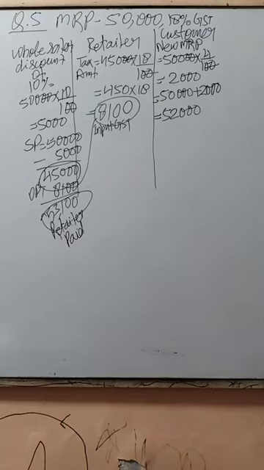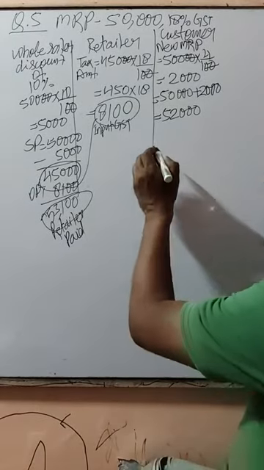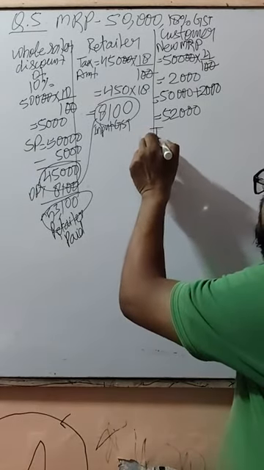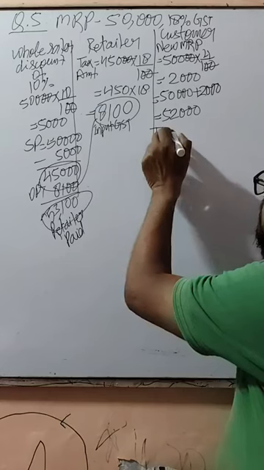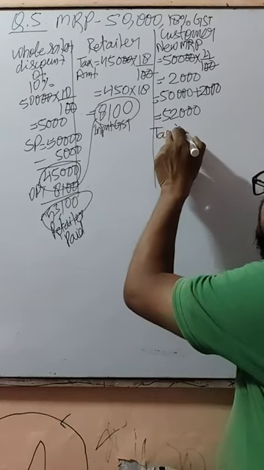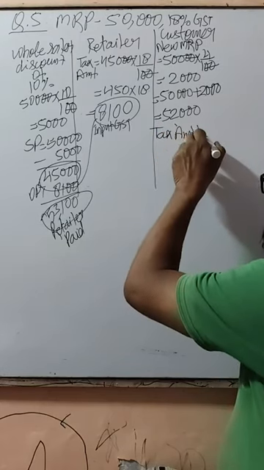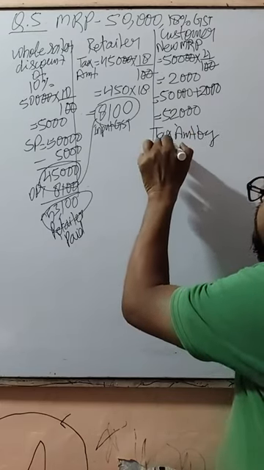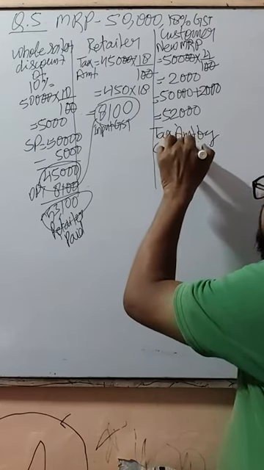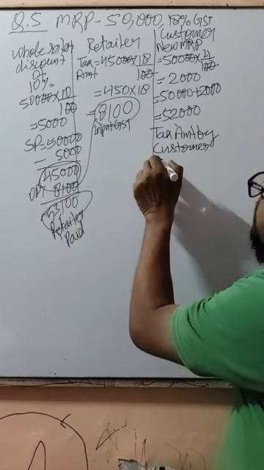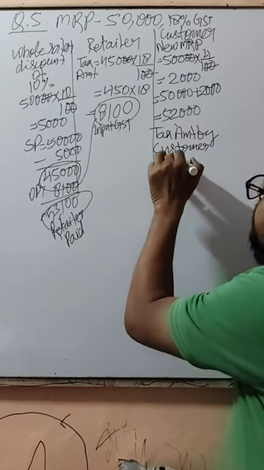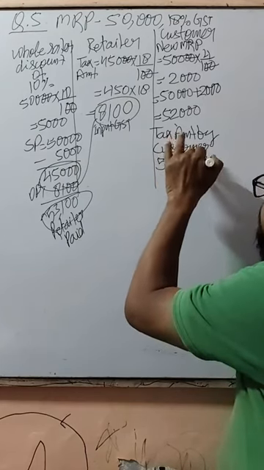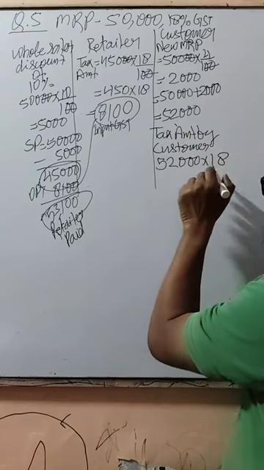The rate of tax is 18%. No discount. So tax amount by customer: 52,000 into 18%, no? Yes.